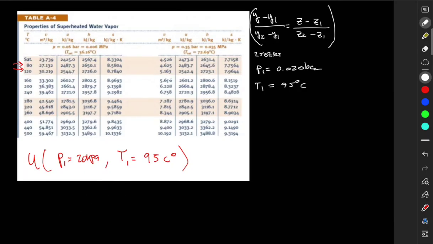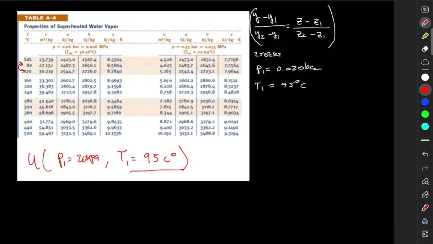So now we need to find this temperature in between these two. How do we do that? Well, the way I like to tackle this problem is, we know that this temperature is right in between these two temperatures, correct?